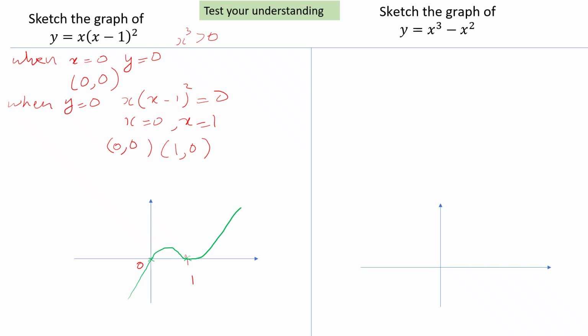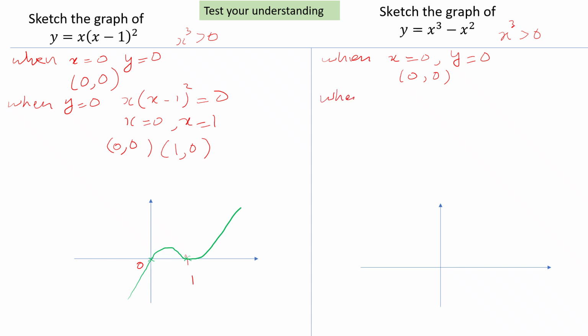Next one. y equals x cubed minus x squared. Here also x cubed is positive. So when x equals 0, y equals 0. So the coordinate 0, 0, y-intercept.